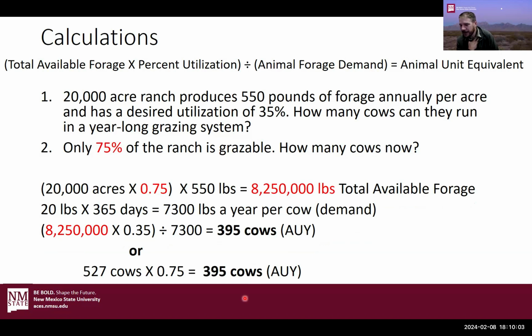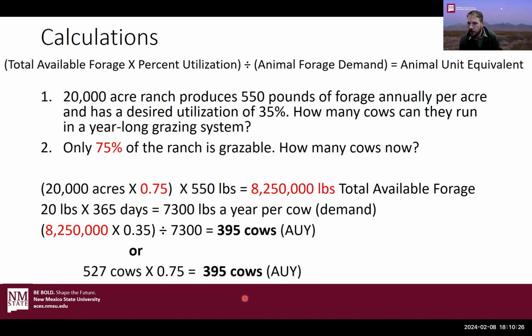You're exactly right. So the simplest way to do this is to just go 527 cows times 75% is 395 cows. And you can do those adjustments for acreage easily, but we run into problems later if you try and do some of these calculations like that.